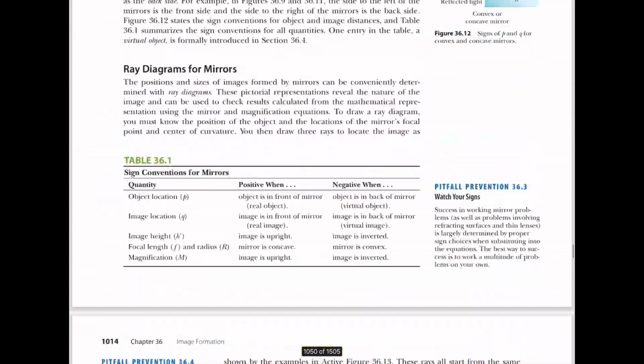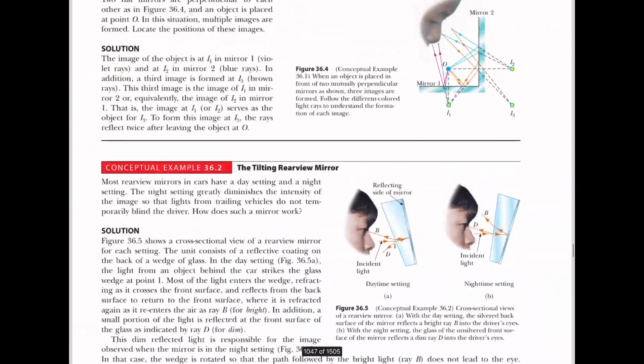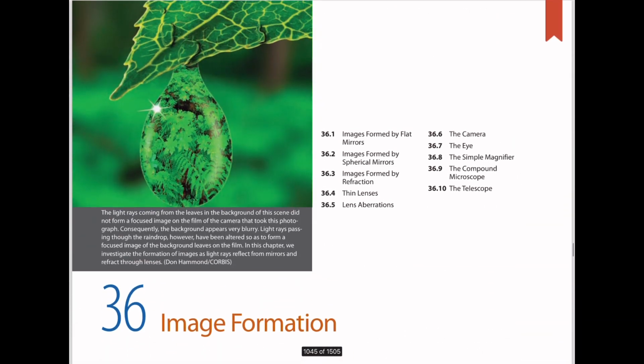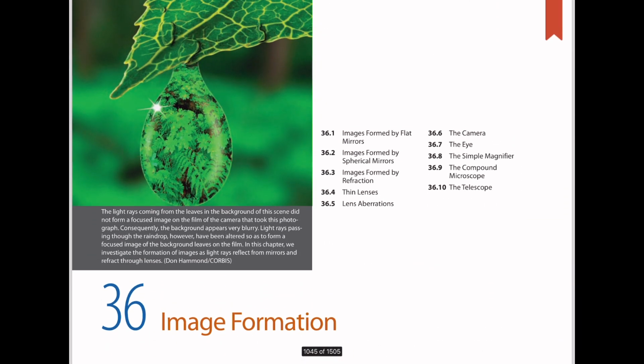I know that this entire section is related to how we can use reflection and refraction for different geometries of lenses and mirrors. We have mirrors, we have lenses, we have different optical devices near the end of the chapter, and we have some equations related to focal length and stuff like that.